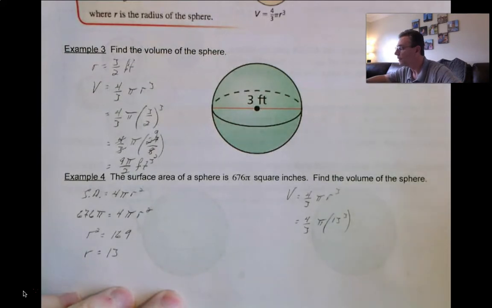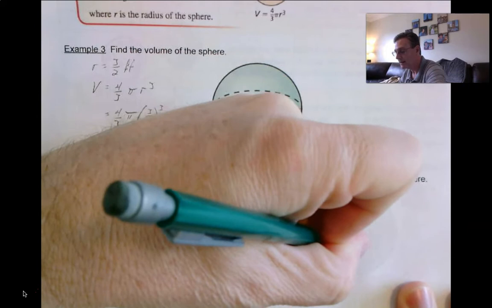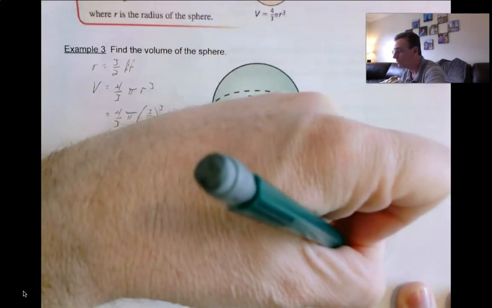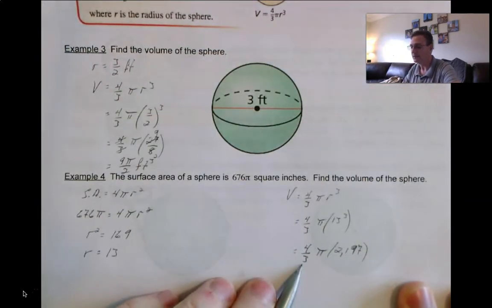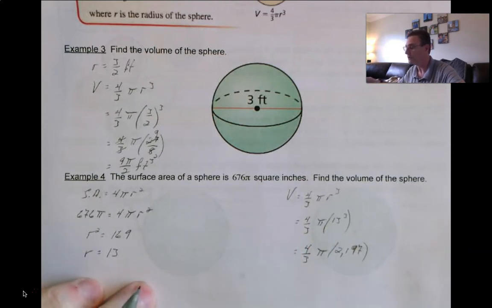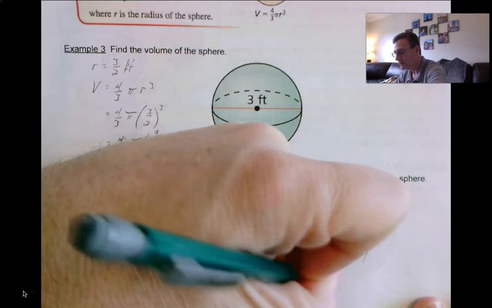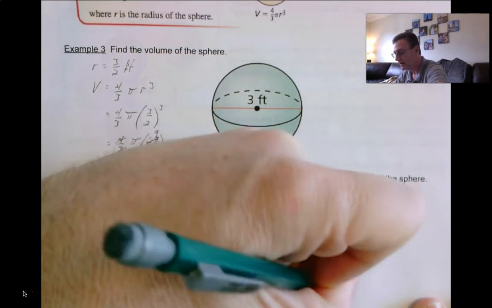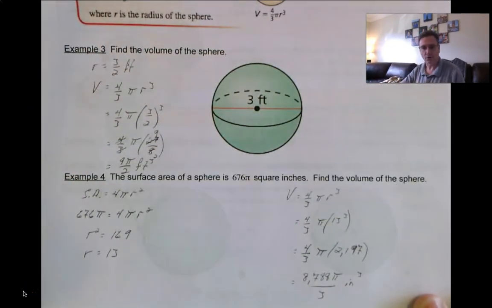So 13 cubed is 2,197. Now I know that doesn't divide evenly by 3 because 13 doesn't divide by 3, so 13 cubed is not going to divide by 3. So times 4 gives me 8,788 pi over 3, and this is cubic inches.